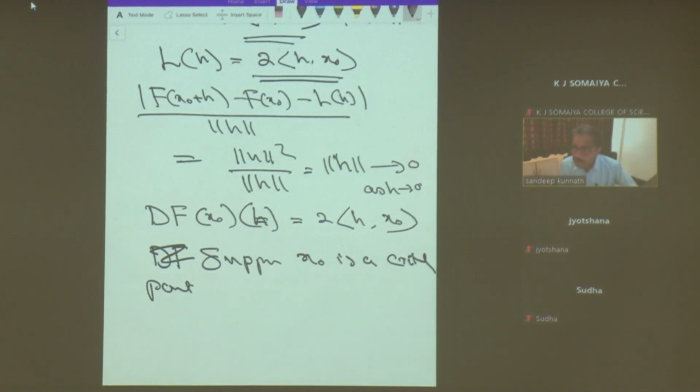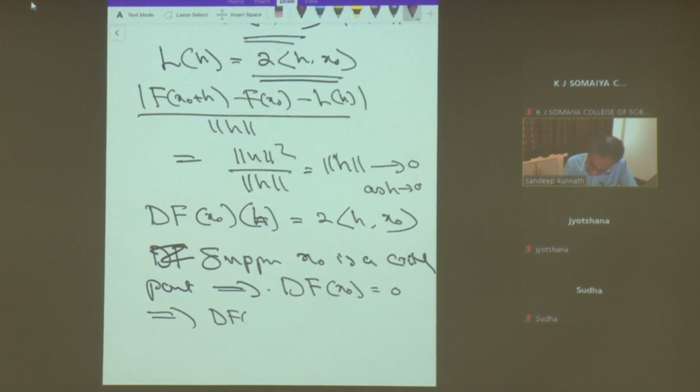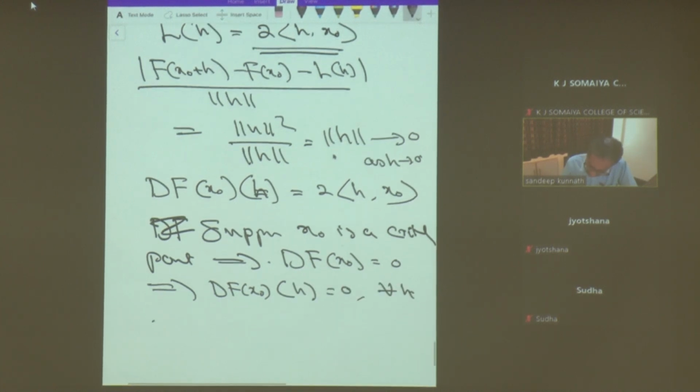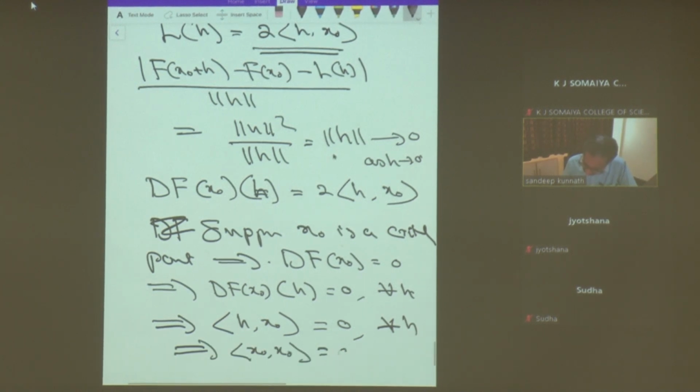What does it mean? By definition, df of x naught has to be 0. This implies df at x naught of h has to be equal to 0 for all h. This implies that the inner product of h with x naught has to be 0 for all h. In particular, the inner product of x naught with x naught is 0, and that implies x naught equals 0.